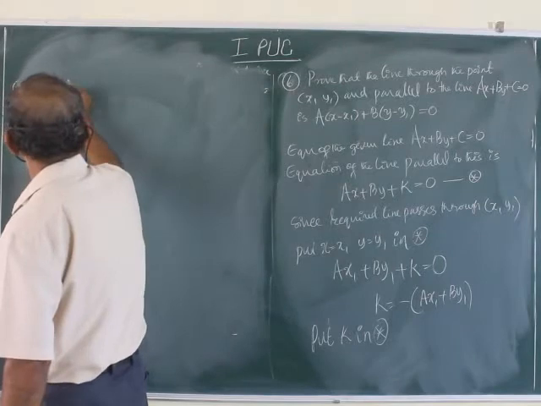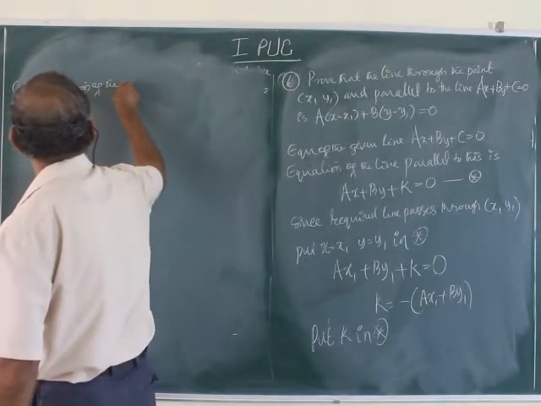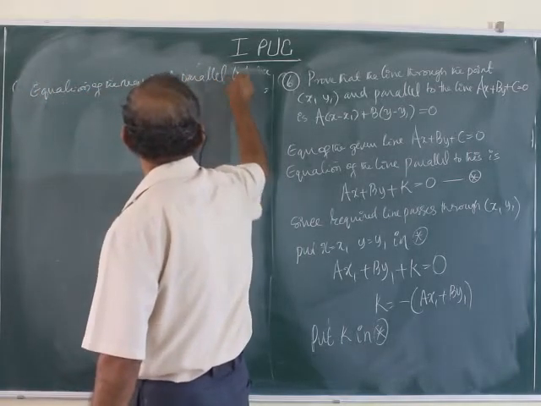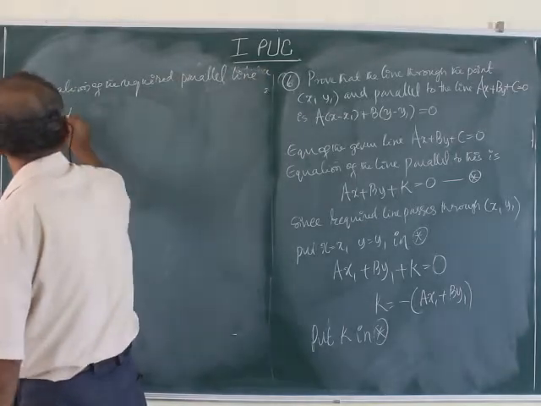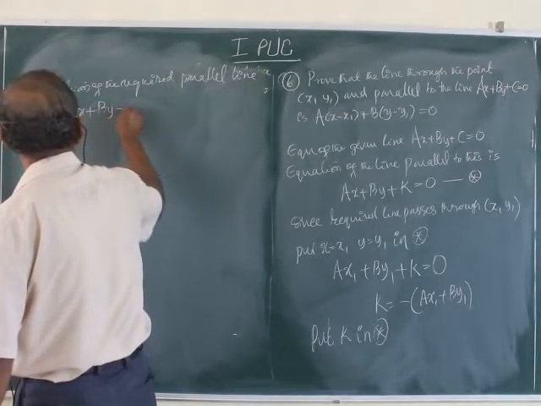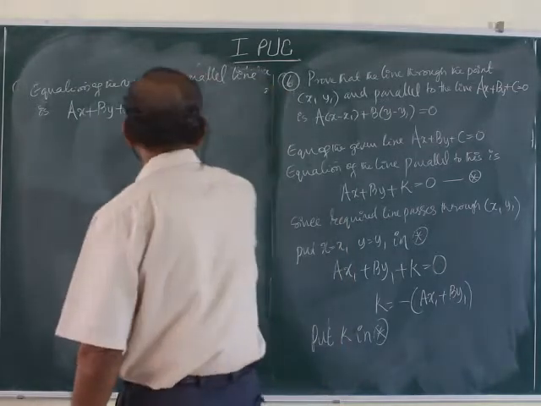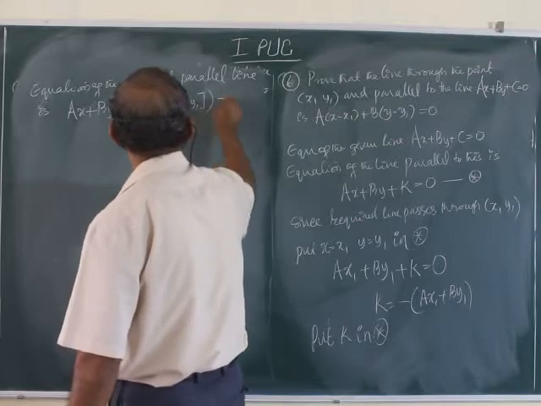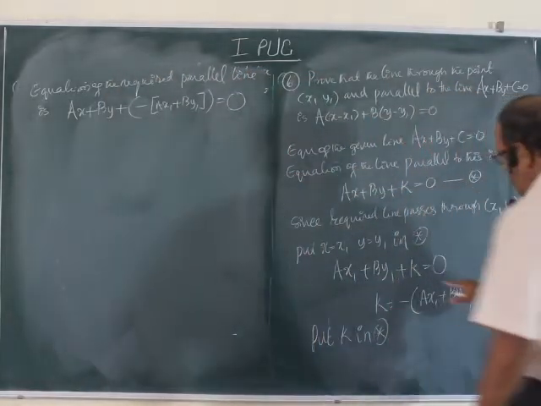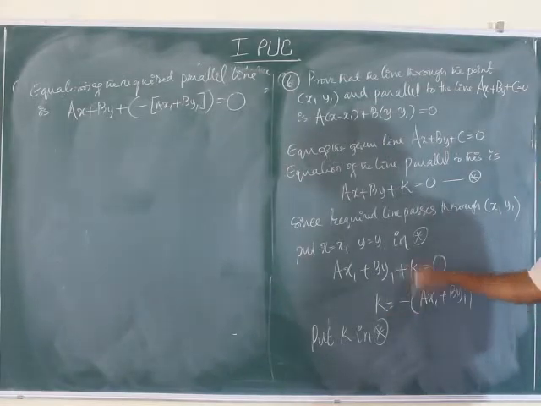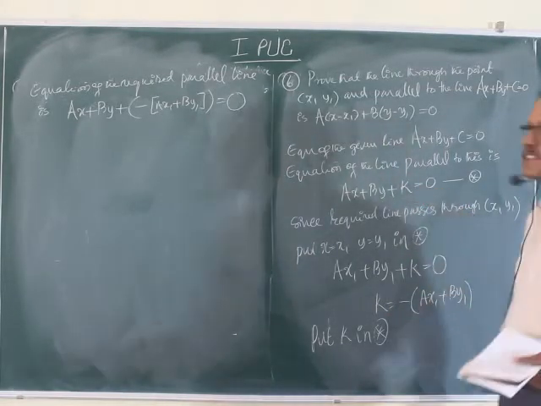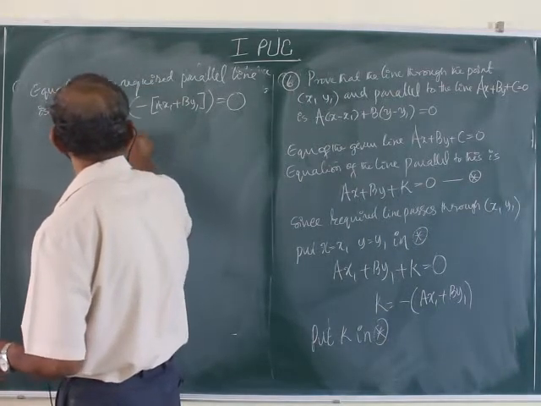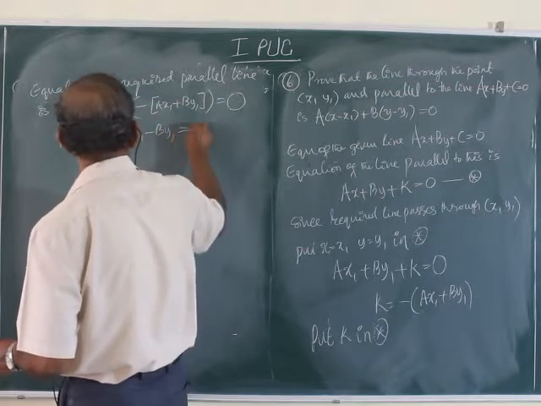Equation of the required parallel line is ax plus by minus of (ax1 plus by1) equal to 0. Don't write k. The value of k is here, so in the same equation, write in the place of k this one. Simplification is ax plus by minus ax1 minus by1 equal to 0.